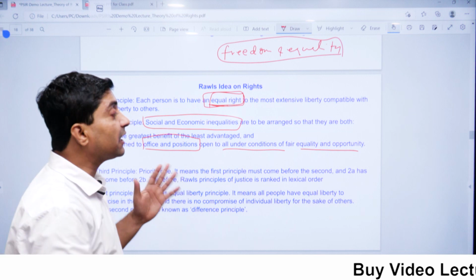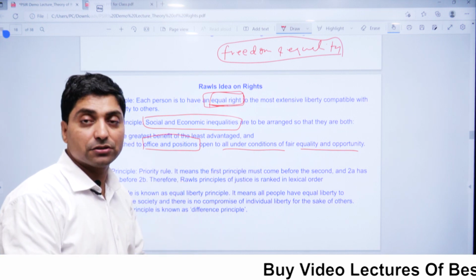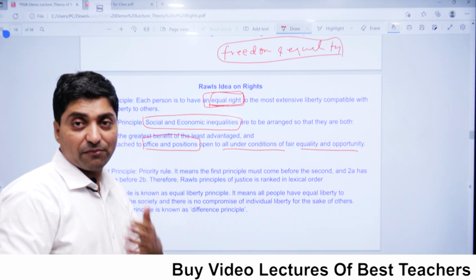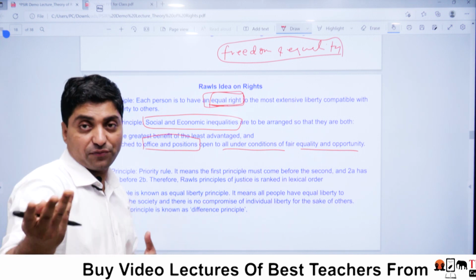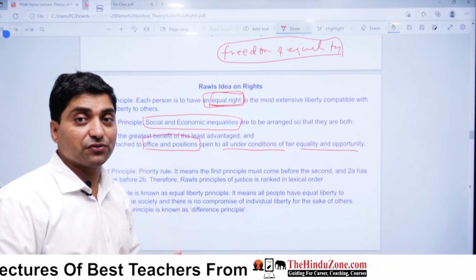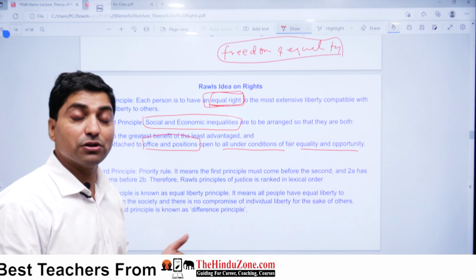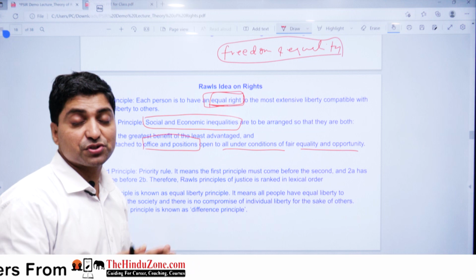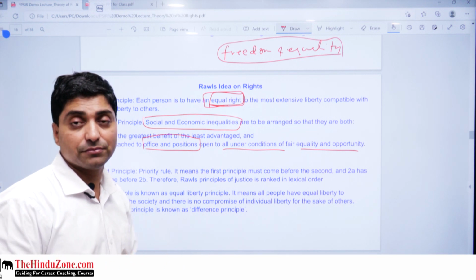He said that every person has an equal right to liberty. Now I am free to play a game, you are free to play a game. For example, I am free to teach, you are free to teach. I am free to study, you are also free to study. So each person has equal liberty, equal freedom.